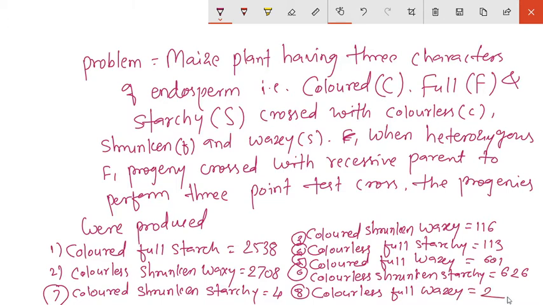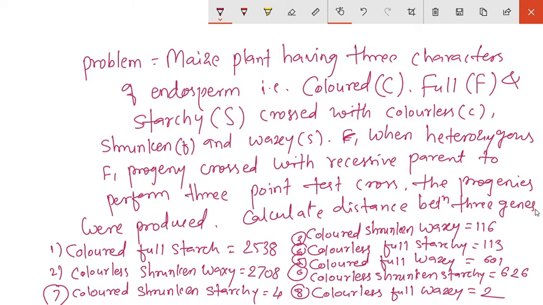So, calculate the distance between the 3 genes. That is the problem. The maize plant having 3 characters of endosperm, colored, full and starchy, is crossed with colorless, shrunken and waxy.